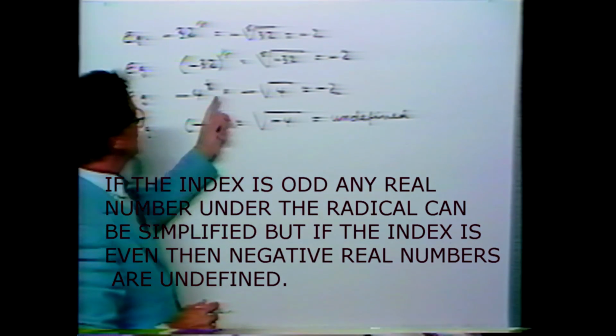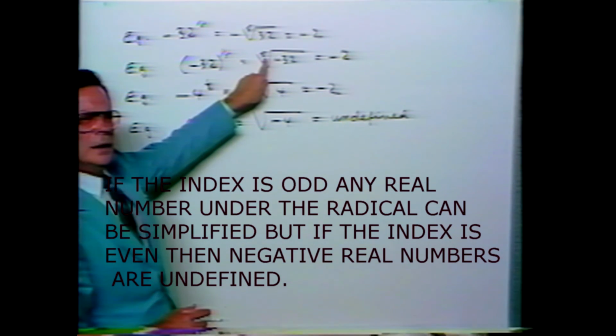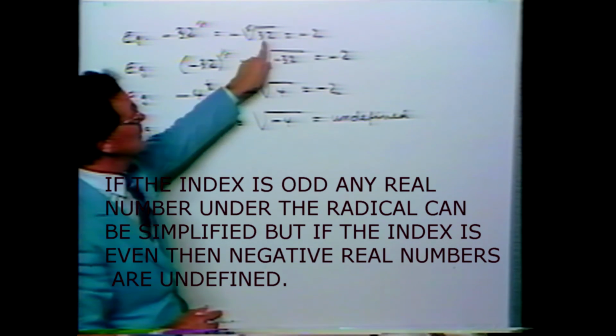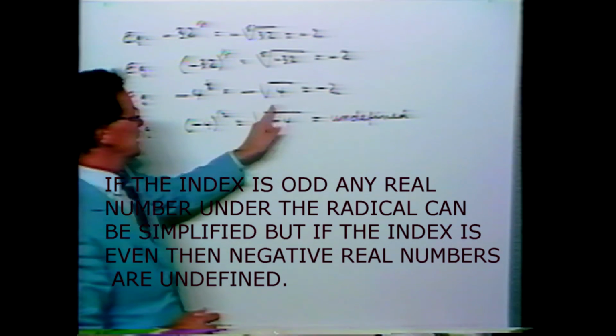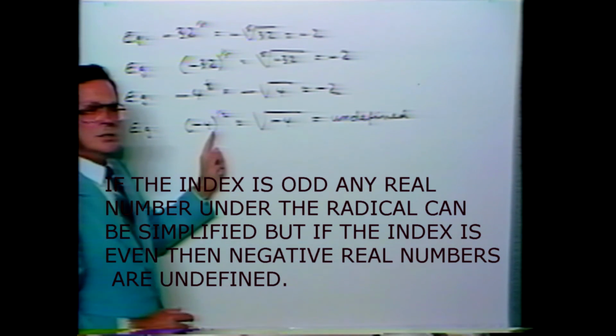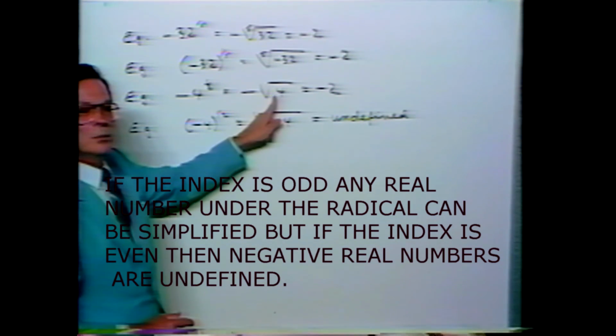If the index is odd, such as it is here, 5 is an odd number, and the number underneath the radical is positive or negative, an answer can be determined. But if the index is even, such as in these examples, then an answer is possible only if the number under the radical sign is positive.